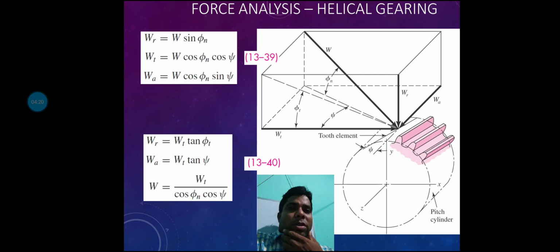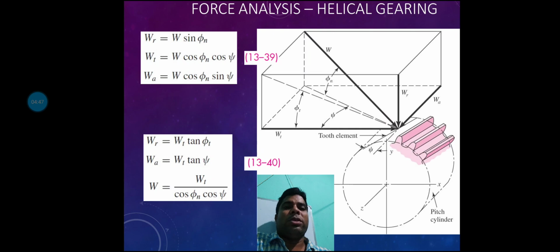So some empirical formulas you have to remember. The first one is the total radial load, WR is equal to W sin phi n, and WT is equal to W into cos phi n into cos psi, and WA is equal to W cos phi n into sin psi.